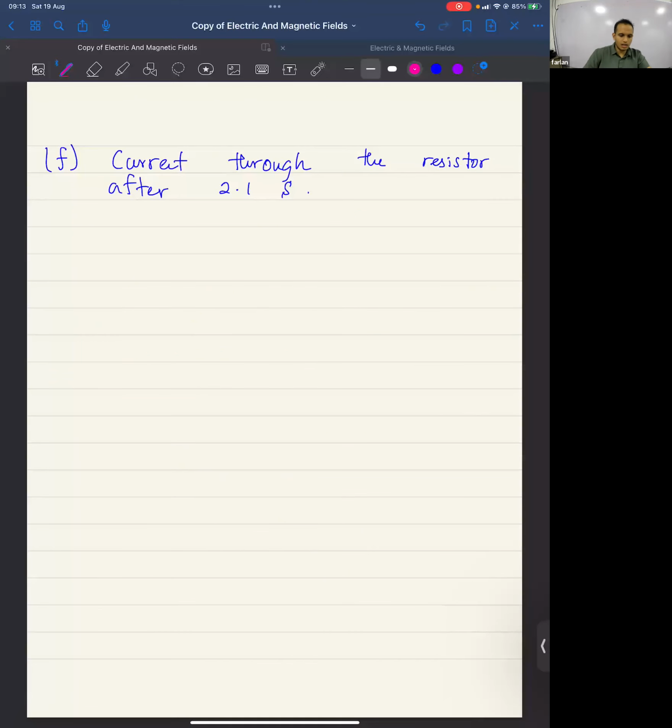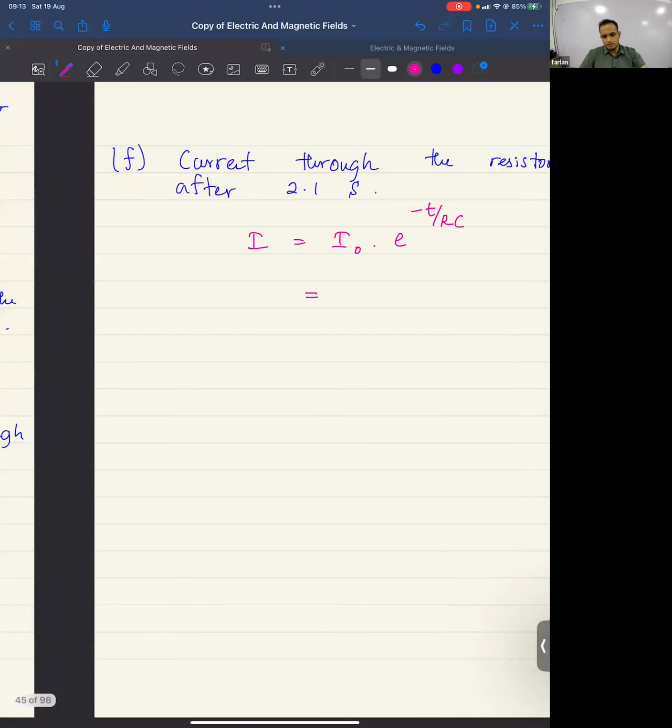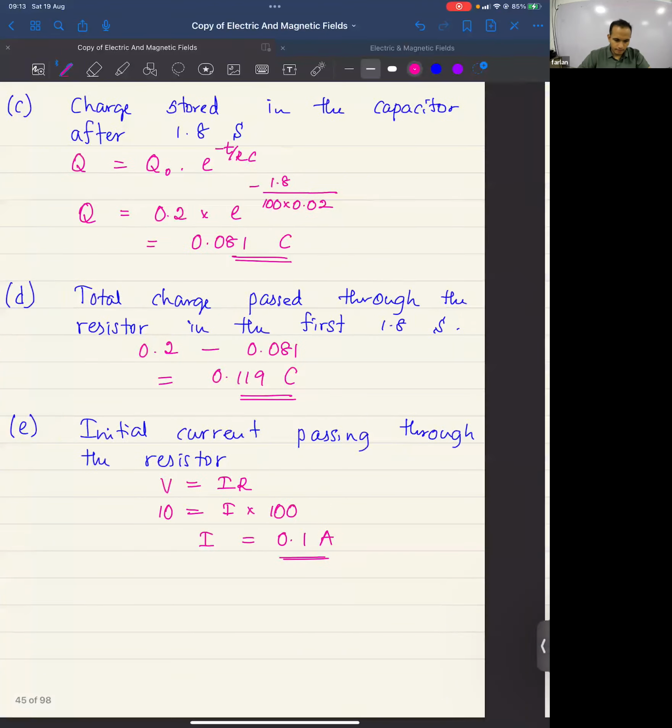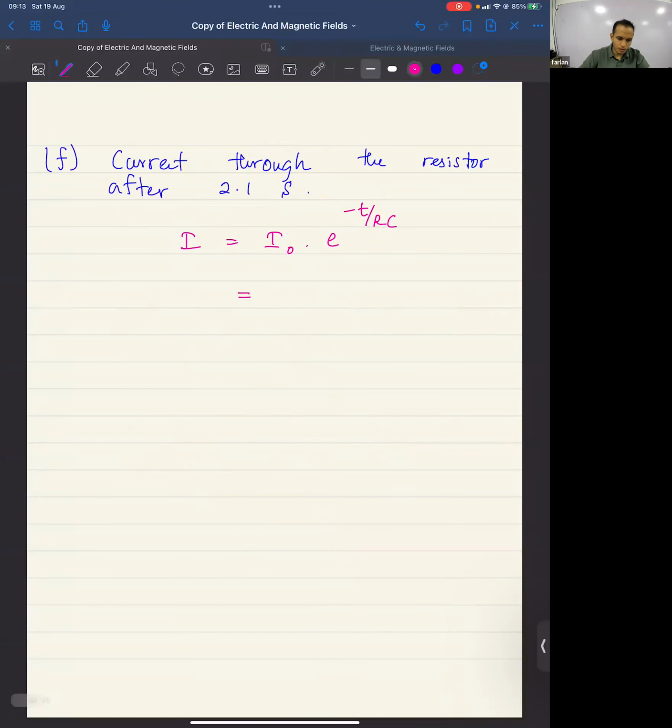Current through the resistor after 2.1 seconds. Now we can use I equals I naught e to the power minus t over RC. The current through the resistor after 2.1 seconds.